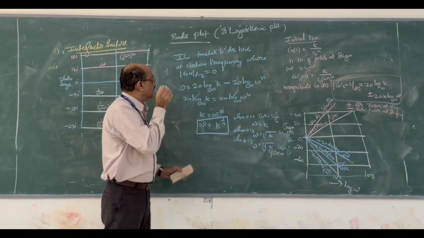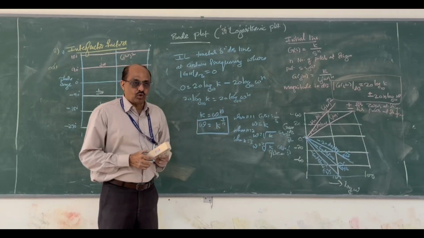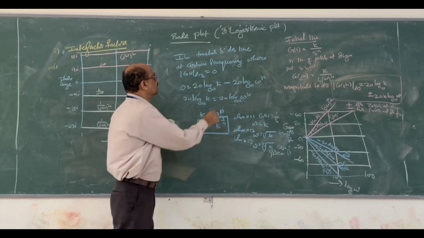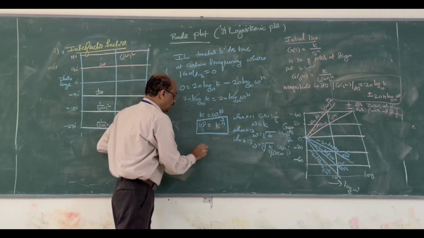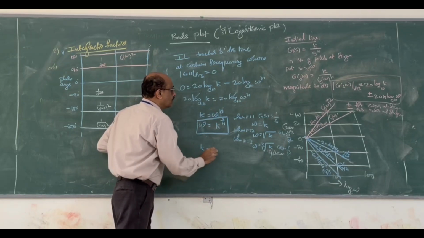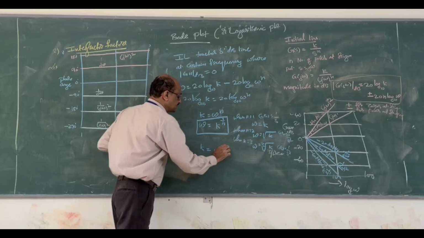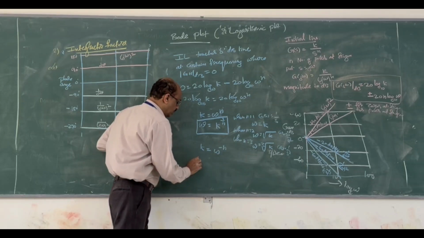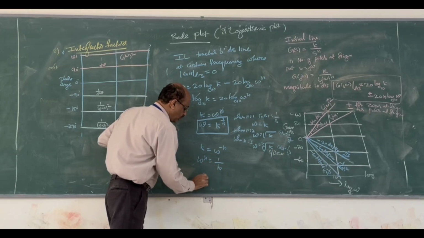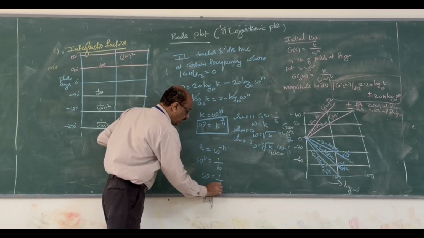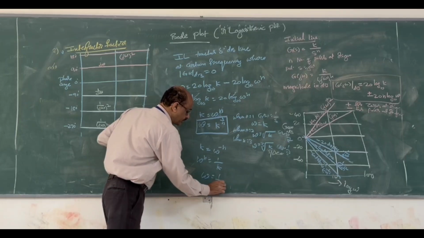Instead of a pole, if I have a 0, this becomes plus, then I get k equal to omega to the power of minus n, or omega is equal to 1 over k to the power of 1 by n.